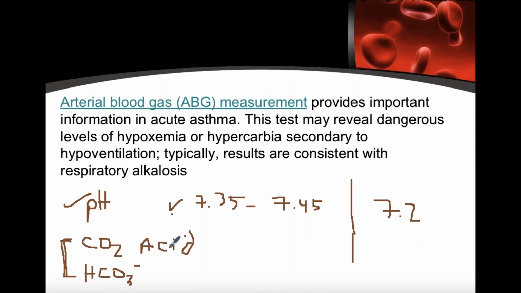Now I'm going to look at one of these to figure out which one is in the same direction of acidosis. Let's pretend it's the CO2. If my CO2 is increased, I have too much acid. How would that happen? Putting a pillow over someone's face, right?